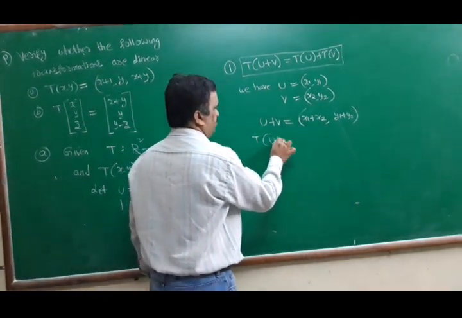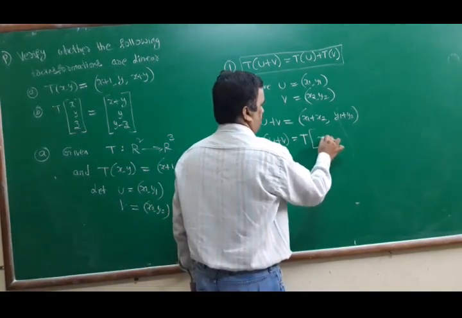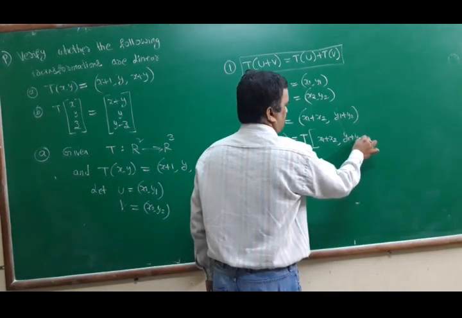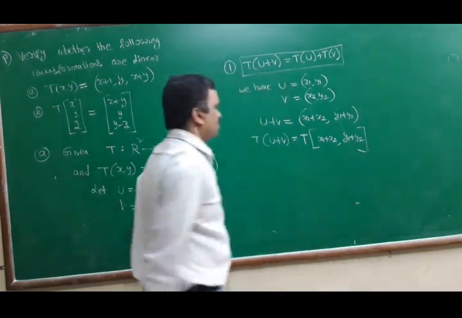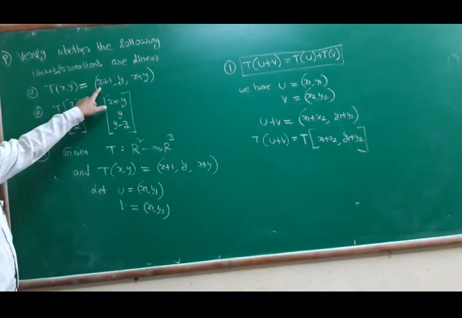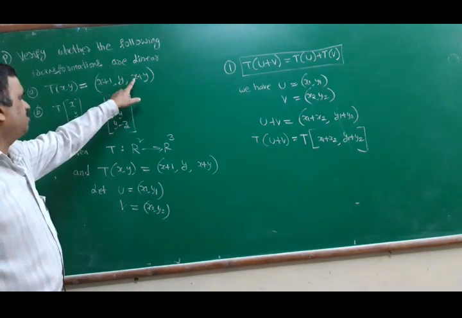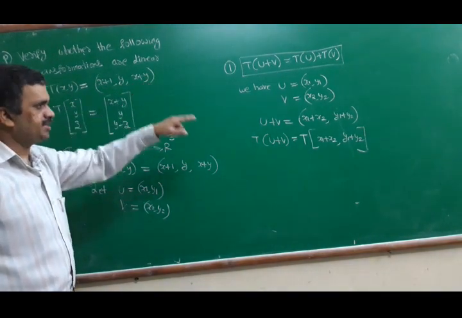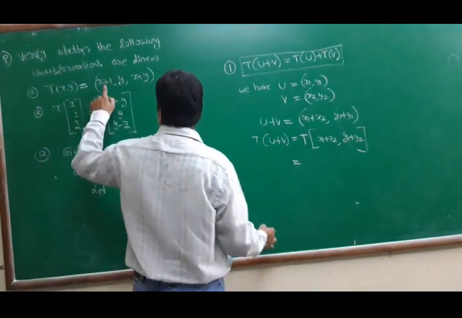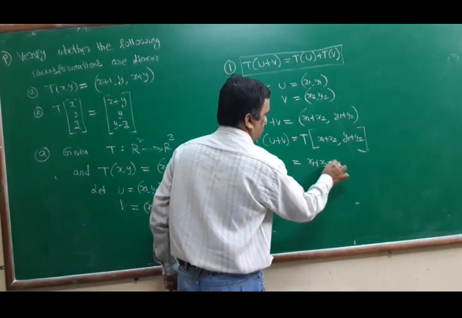Now we require T of u plus v. T of u plus v equals T of x1 plus x2 comma y1 plus y2. We already gave the condition: first coordinate plus 1, comma, second coordinate, comma, first coordinate plus second coordinate. Equal to first coordinate plus 1, nothing but x1 plus x2 plus 1.